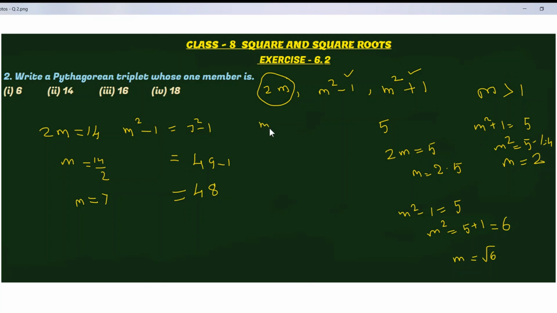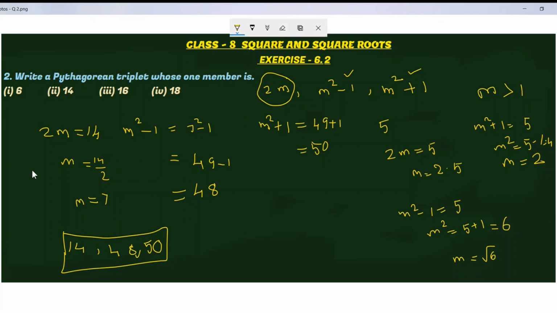Next is m square plus 1, which is 49 plus 1, which is equivalent to 50. So the Pythagorean triplets are 14, 48, 50. These are the Pythagorean triplet if you take 2m is 14. This way you need to find it.